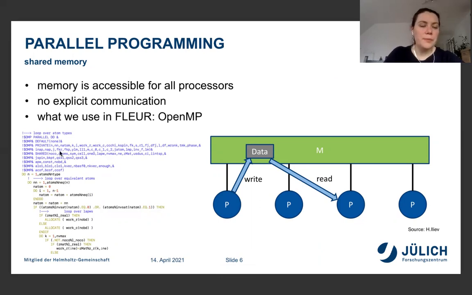You put the pragma, and the execution of your code is sequential. Before it runs on only one core, but as soon as the execution reaches this place, a team of workers, a team of threads, will start and work on the code concurrently.